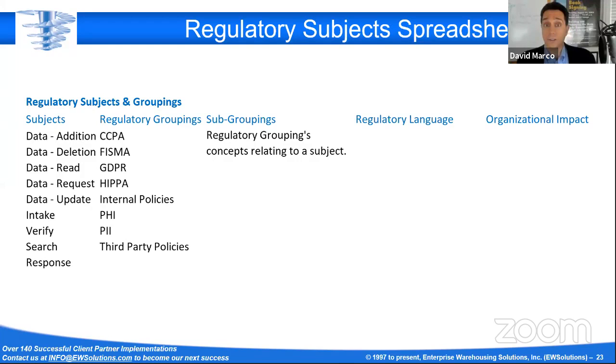Under these regulatory subject areas, there will be multiple regulations affecting them. I listed some common ones here: CCPA, FISMA, GDPR, HIPAA, internal policies, PHI, PII, third-party cookie, third-party policies. Many large companies have significant partnerships, and in those partnerships, they may require different regulatory adherence. So this allows you to group.